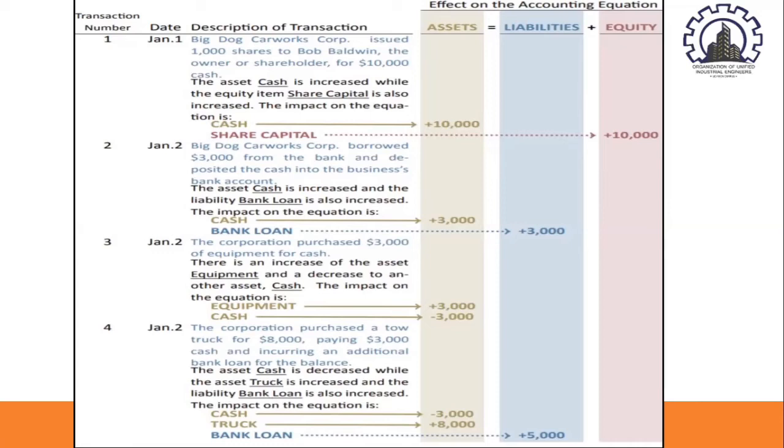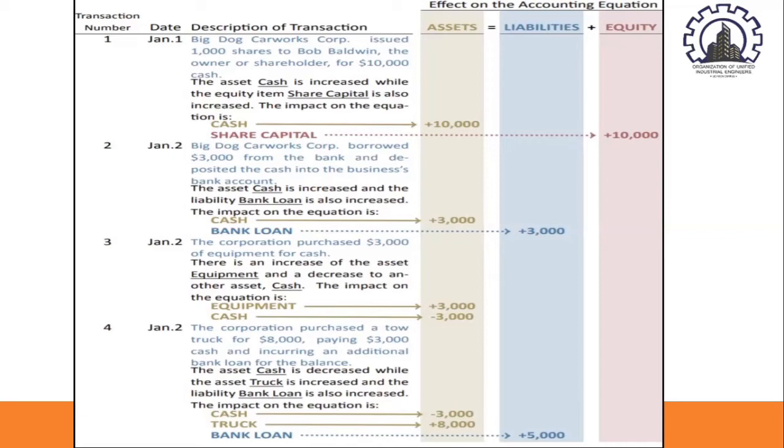Okay, so to start with, let's have the January 1st transaction. What happened on the 1st of January? Big Dog Car Works Corporation issued 1,000 shares to Bob Baldwin, the owner or shareholder, for $10,000 cash. Now, remember that we are given a transaction, right?